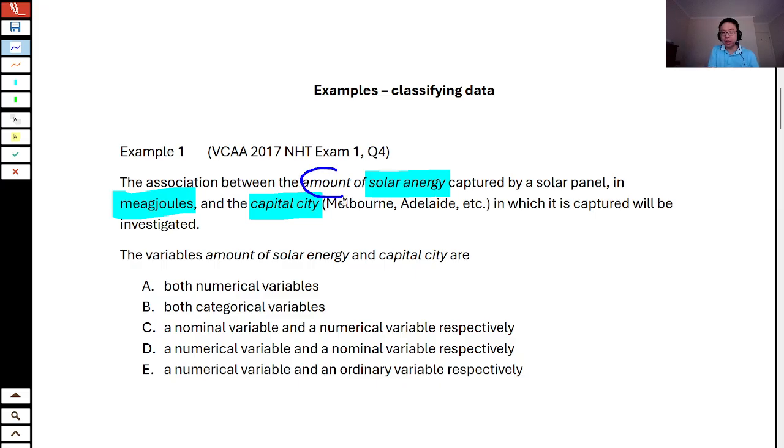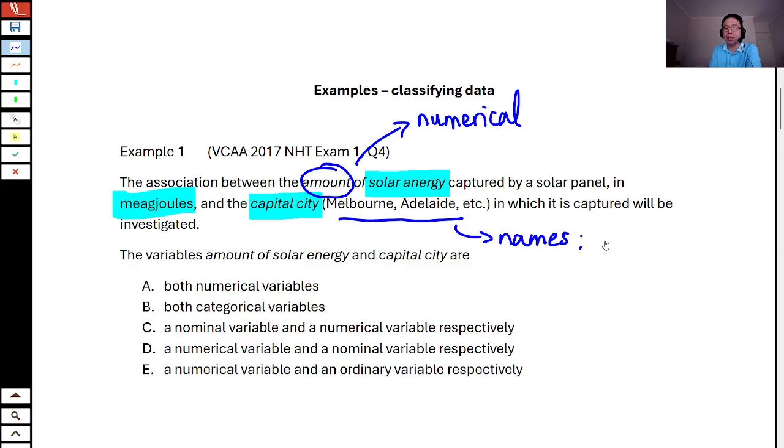The key word here is amount. You're counting something. And so this is a clue that I'm dealing with a numerical variable. Capital cities, on the other hand, well, these are just names. And that immediately tells me it's a categorical variable. That should say ordinal. Apologies.